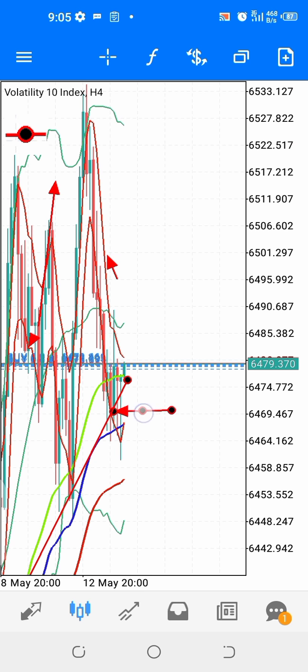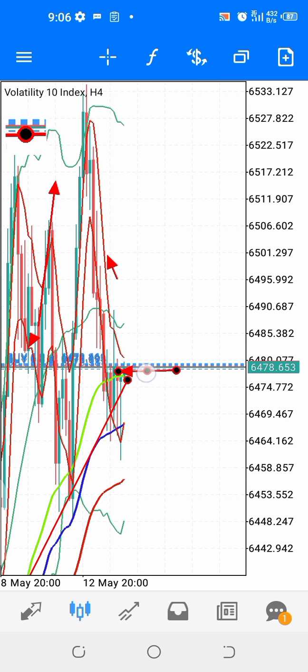They are confirmation by themselves, so you do not need a further confirmation candlestick to acknowledge them. Once I saw these candlesticks on the H4 time frame, I decided to take a buy.